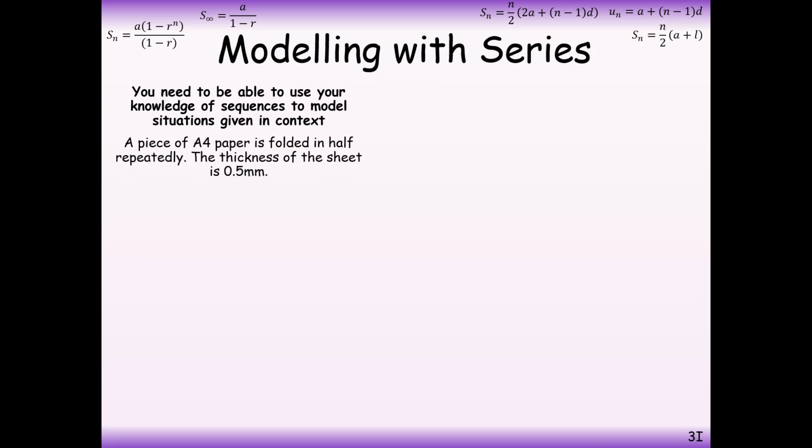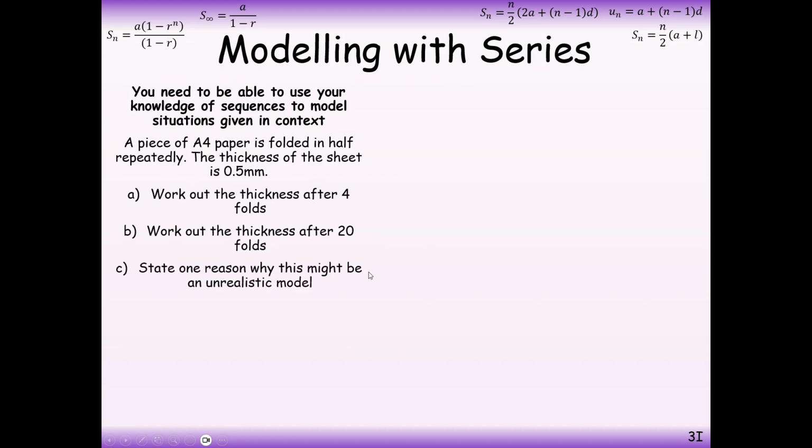Right, let's read the last example here. A piece of A4 paper is folded in half repeatedly. The thickness of the sheet is initially half a millimeter. We've been asked to work out the thickness after 4 folds. Then we will calculate the thickness after 20 folds. Finally, we will criticize the model and say why it is unrealistic.